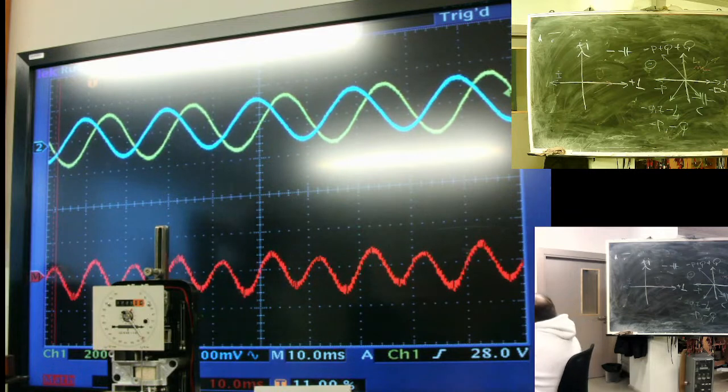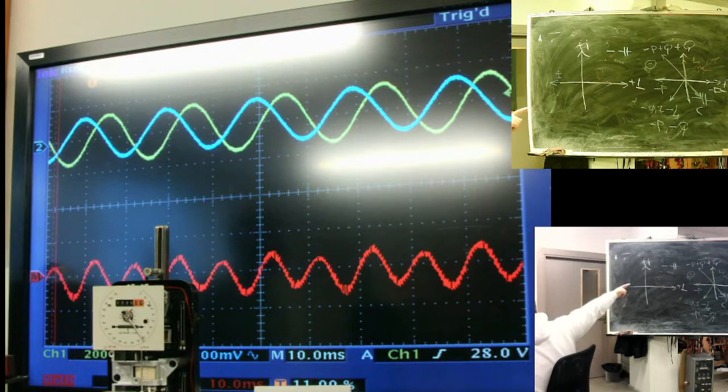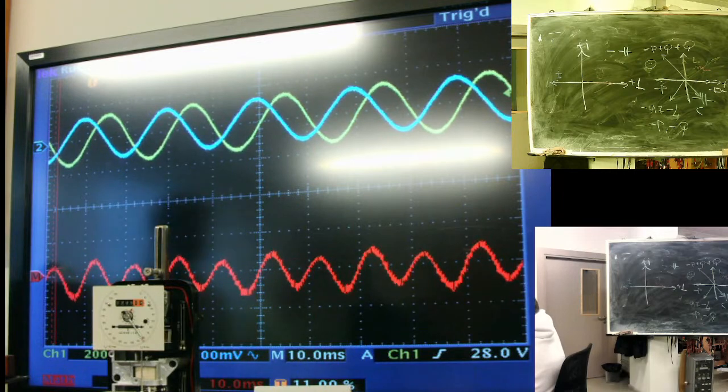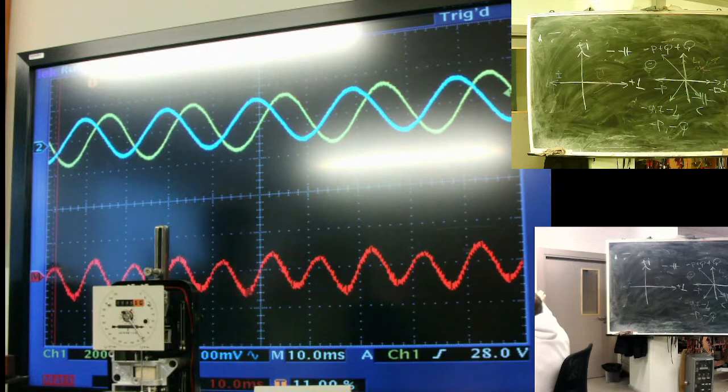Which way does the time go? To the right. Where you see the thin red vertical line, it's the zero time for the scope. To the right is the past, it's history.